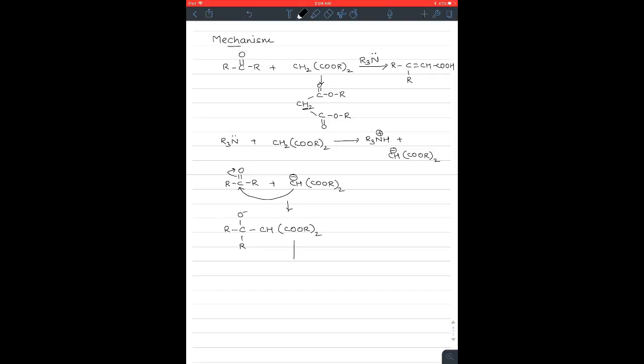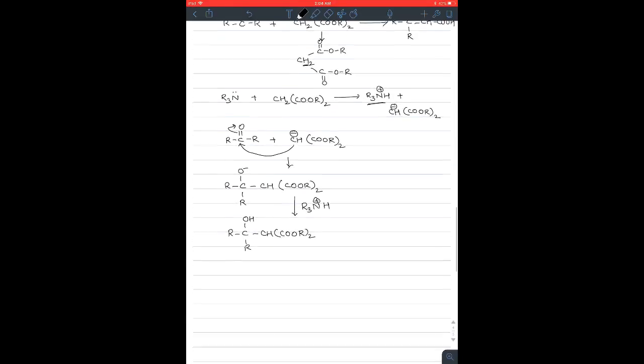Now after this, this O minus takes away the H plus from this R3NH which is formed in the above step. So this will be converted to RCOH, RCH and COOR whole twice. After this, what will happen?